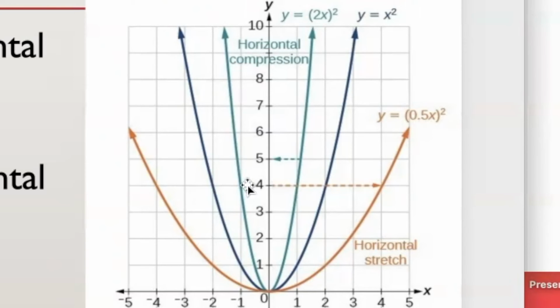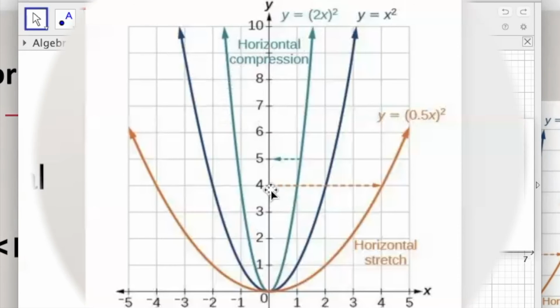We're compressing it towards the y-axis. It's getting closer and closer to the y-axis. So whenever we have a greater than 1, we say we have a horizontal shrink.